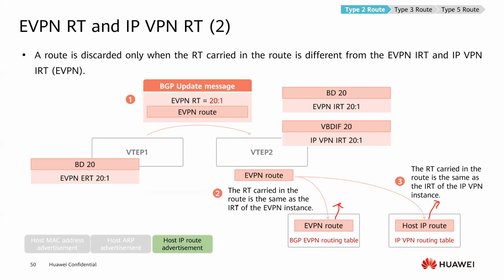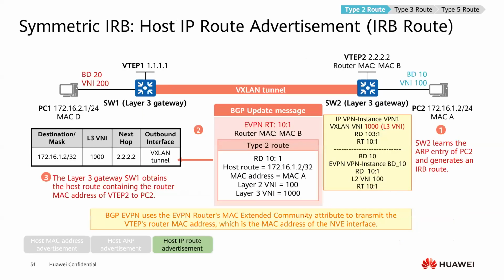So you can find that we use just one RT value, but we can determine whether the information is accepted by the level 2 tables or the level 3 tables.